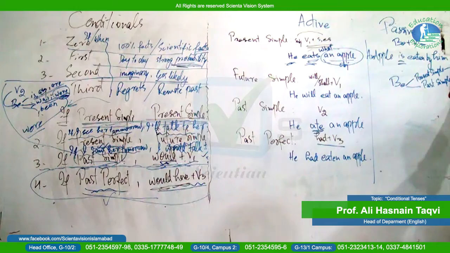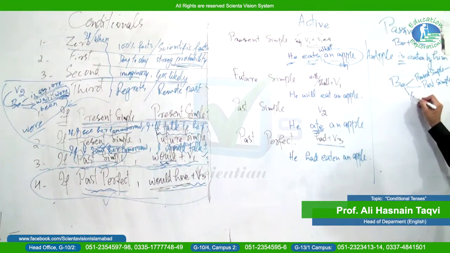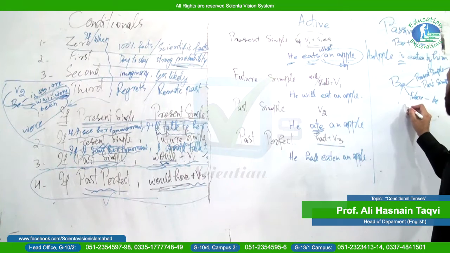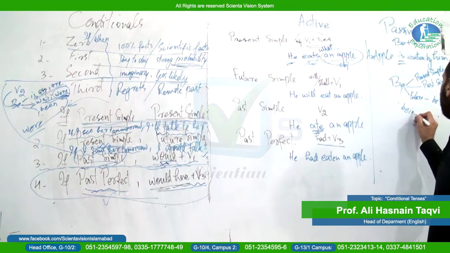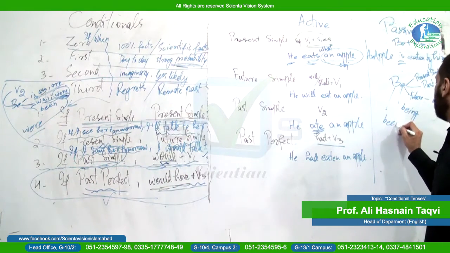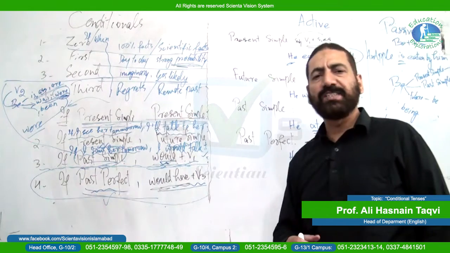Hopefully you can see this angle. For future, it is be itself. For continuous, it is being. And for perfect, it is been. We will talk about this at length once we deal with voice changes.